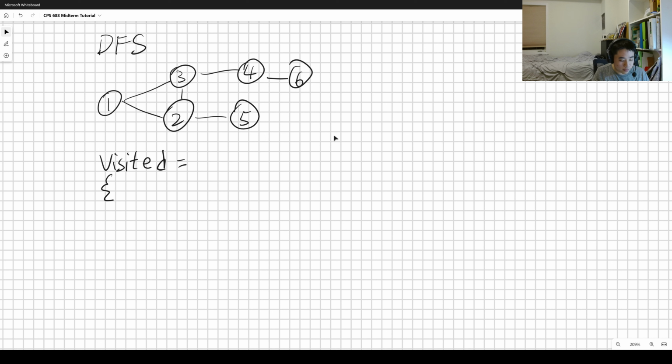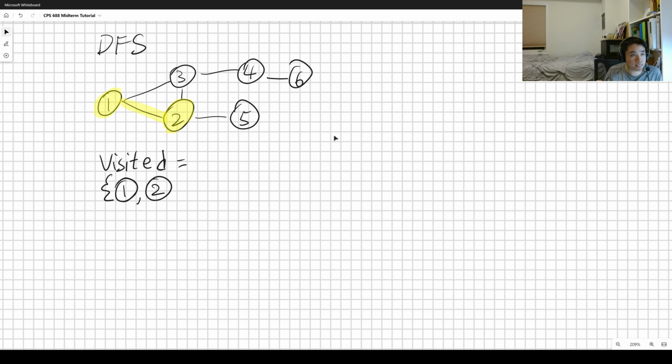So this time, I'm going to start again at 1, and I'm going to pick one edge. In our case, I'm going to pick 2. So 1 is going to be visited, and then I will pick 2 by traveling through the bottom yellow edge that I highlighted, and 2 gets visited.